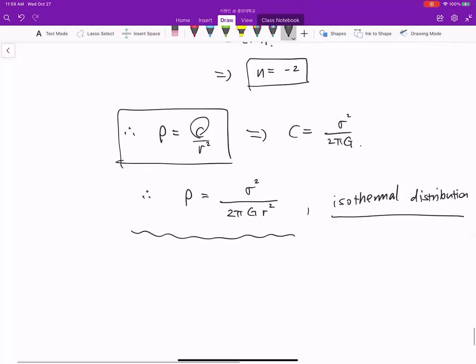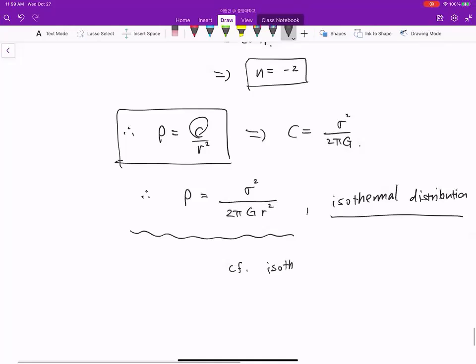Before, we had a profile that becomes isothermal when r is much greater than the core radius.